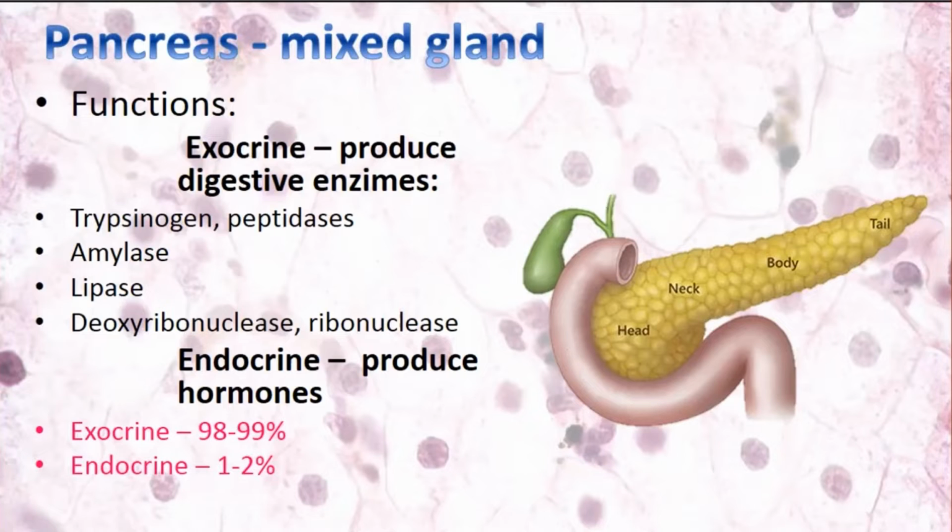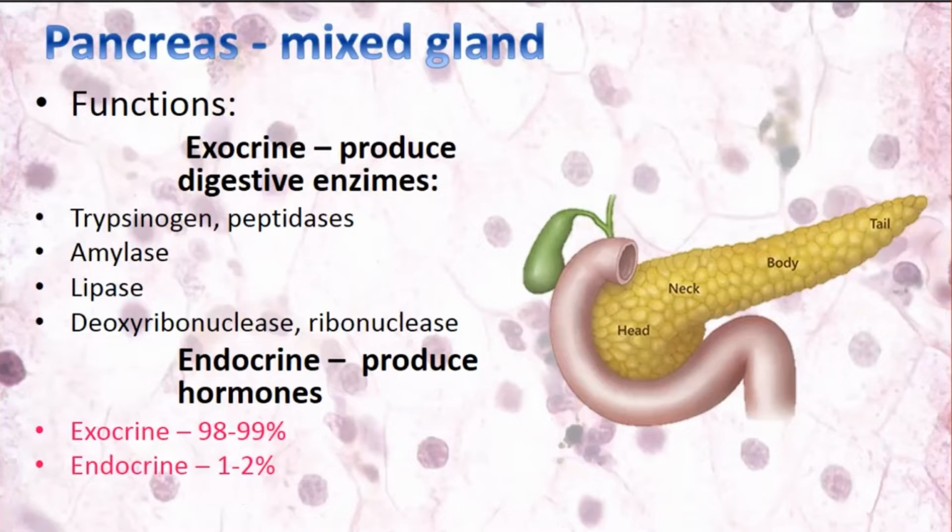And also pancreas provides endocrine function. It produces hormones. And hormones are bioactive substances which are released into the bloodstream, and they regulate some vital functions of our organism. And the ratio of exocrine and endocrine parts of pancreas is 98-99% exocrine part, and from 1 to 2% endocrine part.